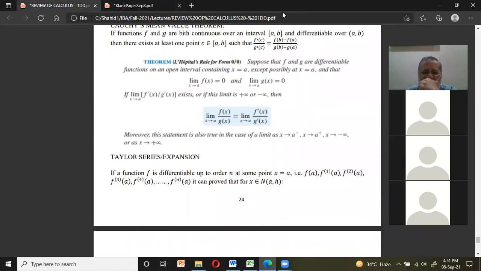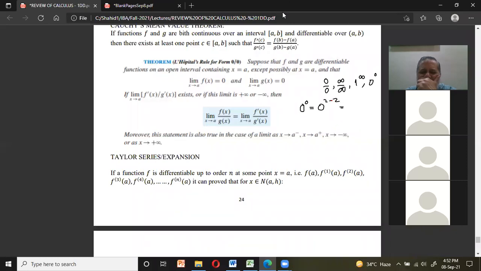I hope you have studied L'Hopital's rule for finding limits of indeterminate forms of the type 0 by 0, infinity by infinity, 1 raised to power infinity, 0 raised to power 0. Somebody asked me why 0 power 0 is an indeterminate form. So we said, let us write 0 power 0 as 0 power (2 minus 2).